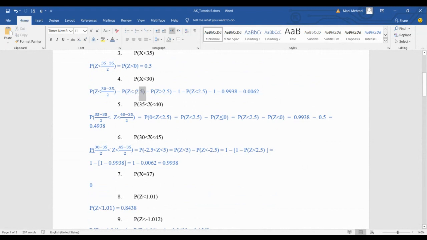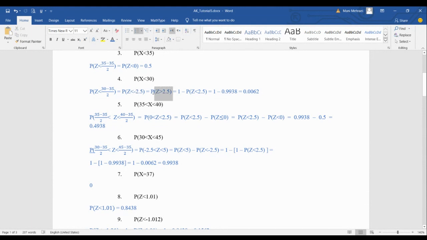I already told you that this is possible by considering the other side of the distribution because of the symmetric property of the normal distribution. We told you they are exactly equal areas. So whenever you see a negative value, you can make it positive and change the direction of the inequality.